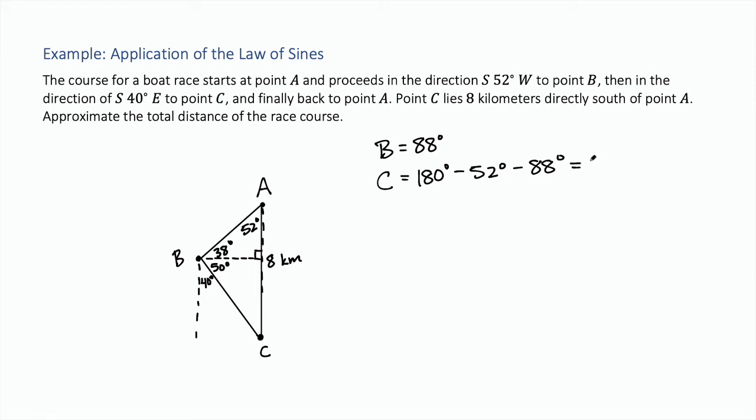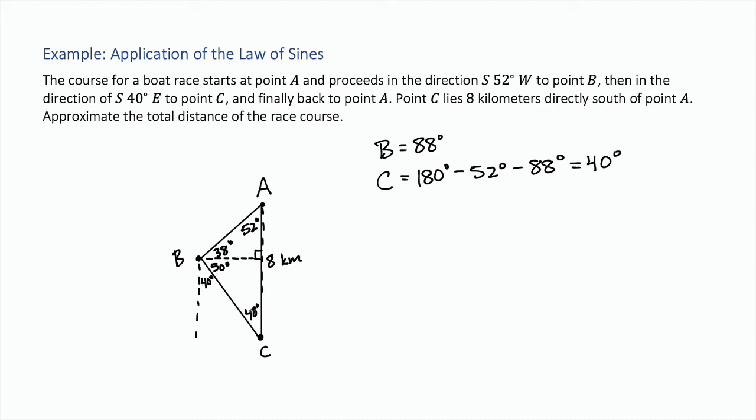That gives us 40 degrees for angle C. That, of course, is super obvious. I didn't even think about that. We have the north-south line here and this north-south line here. Obviously, alternate interior angles are equal.